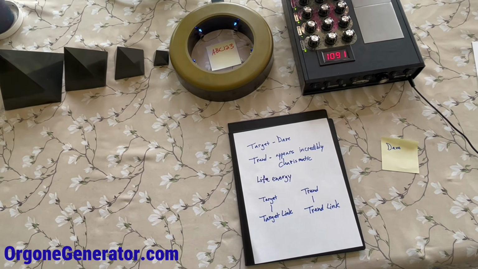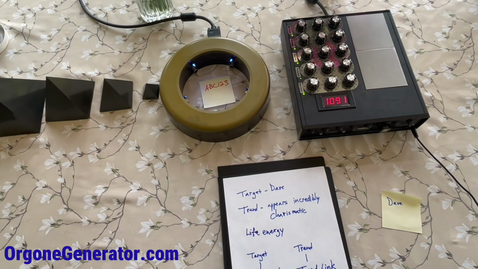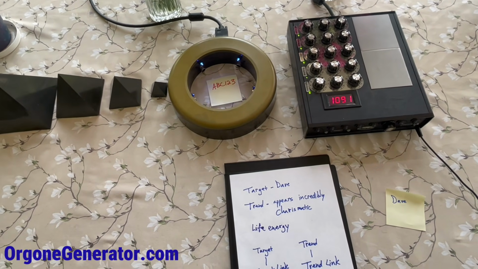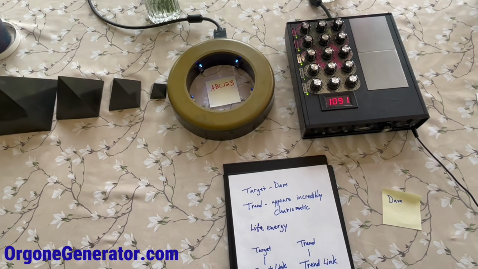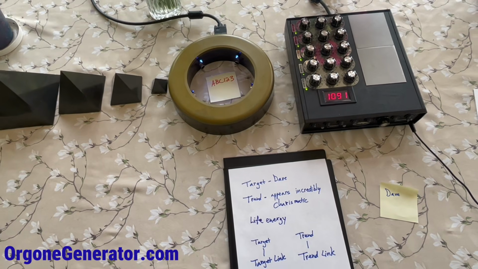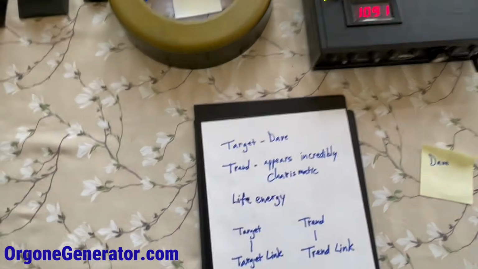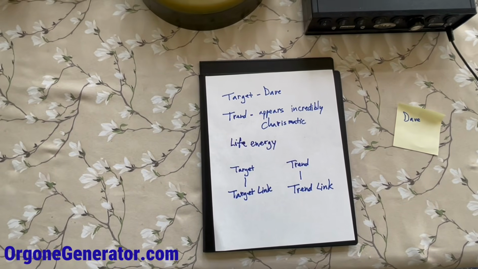I'll tell a story about that. With one of these generators that's producing a constant, continuous stream of concentrated life energy, you can project that as well and use that to energize the manifestations, okay? So a target, a trend, and then life energy.